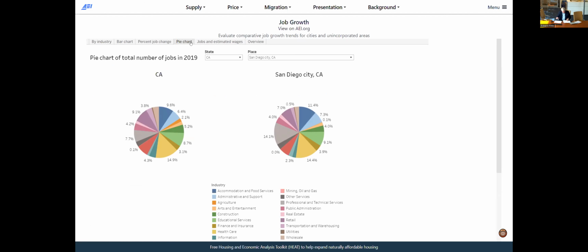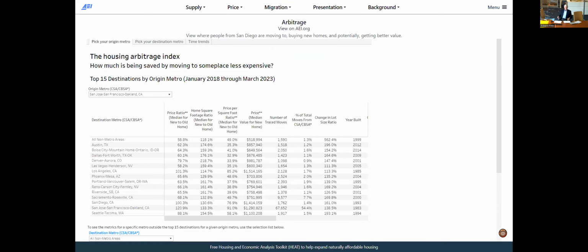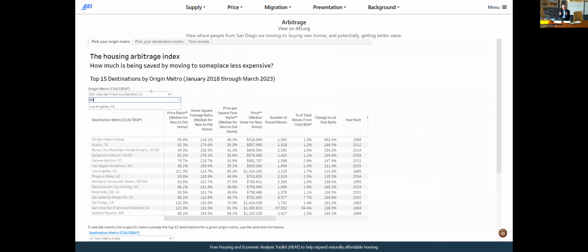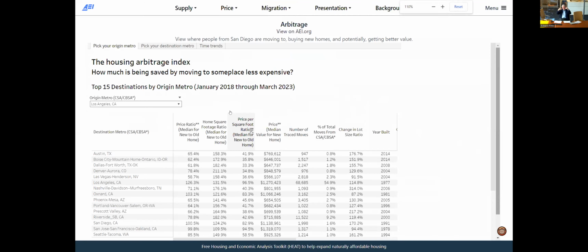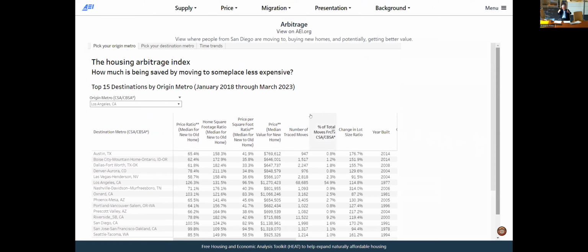So if we then can go to the arbitrage index. This is one of my favorite indices, and we can go to LA and show what's going on there. It was difficult to put together, but it's a simple concept. We are tracking people who are moving up from a home that they own, selling that home and buying another home.